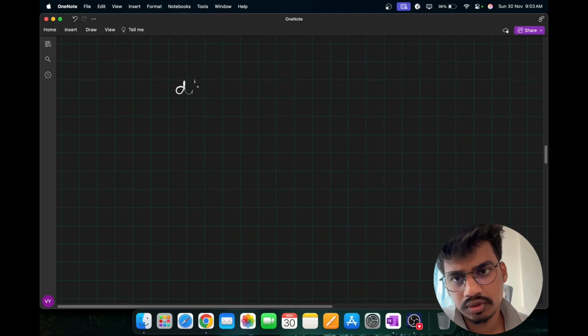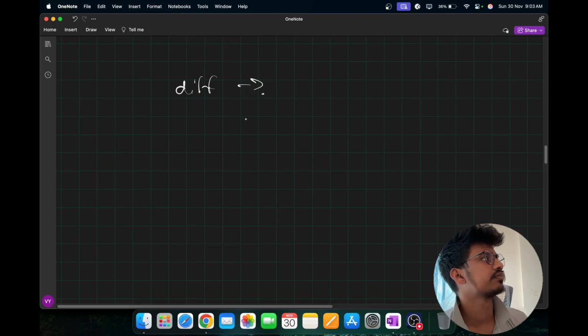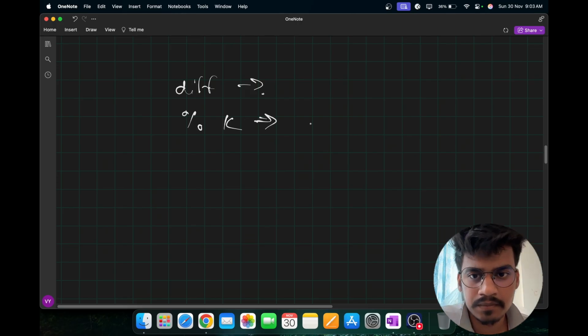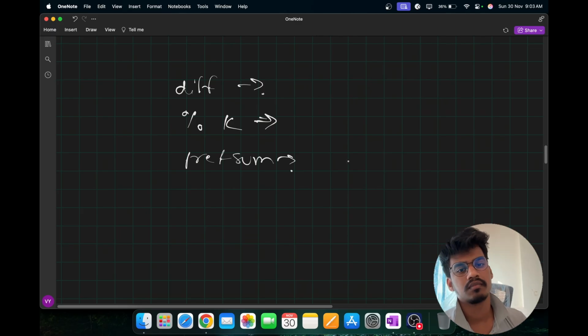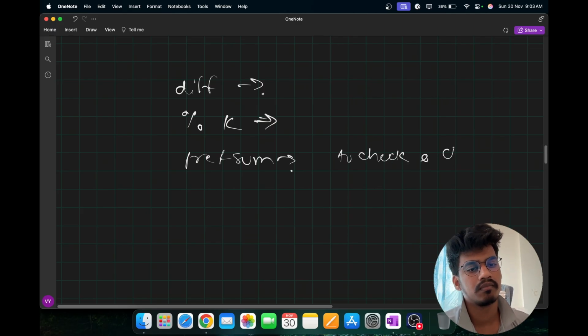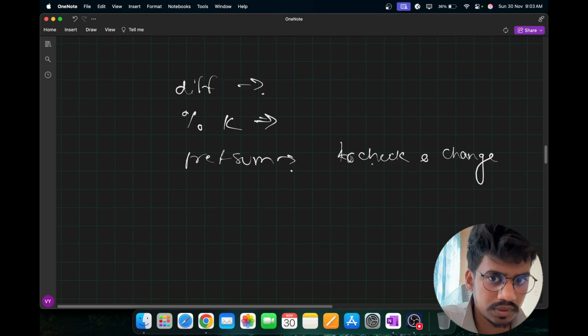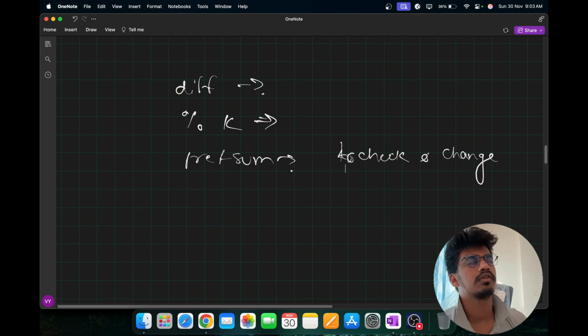So thought process is first we'll calculate the difference. Check zero change, we'll just calculate the prefix sum. Then for the first and last part we'll check. Then how we'll calculate the answer.